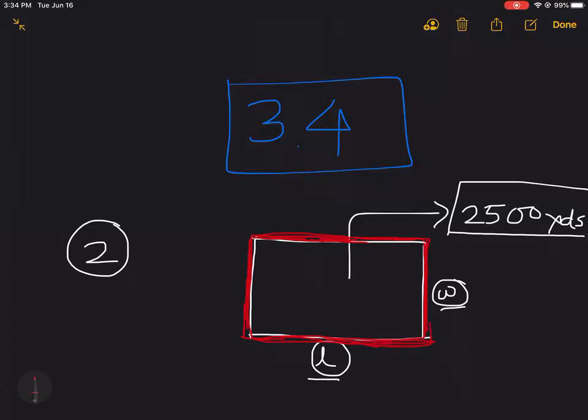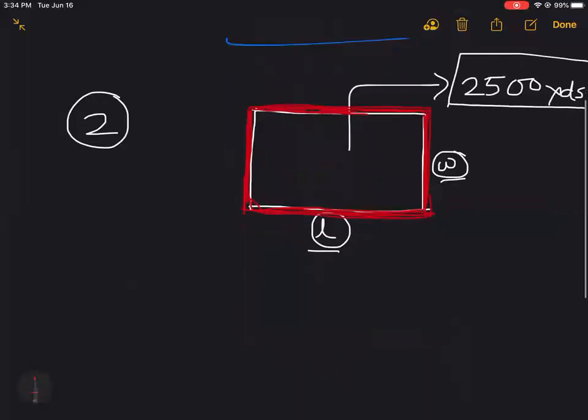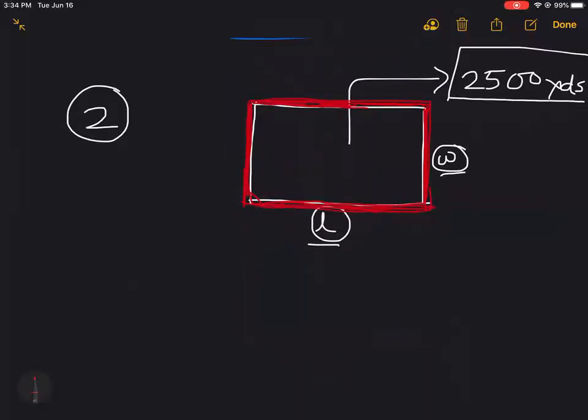What I mean by all the length is all the sides, precisely, only all the sides. It's not taking the entire area. So now the question could be, what's the formula of the perimeter of a rectangle? If we have a length of L and width of W, the perimeter is 2L plus 2W.